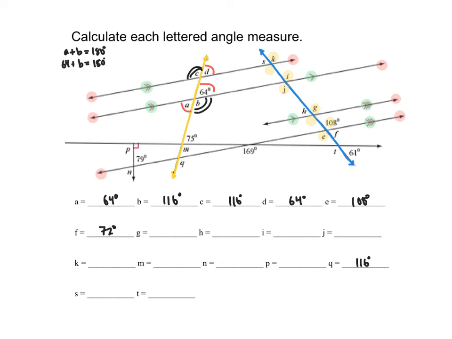So that means I've got E, I've got G, oops, switch out of the highlighter mode.